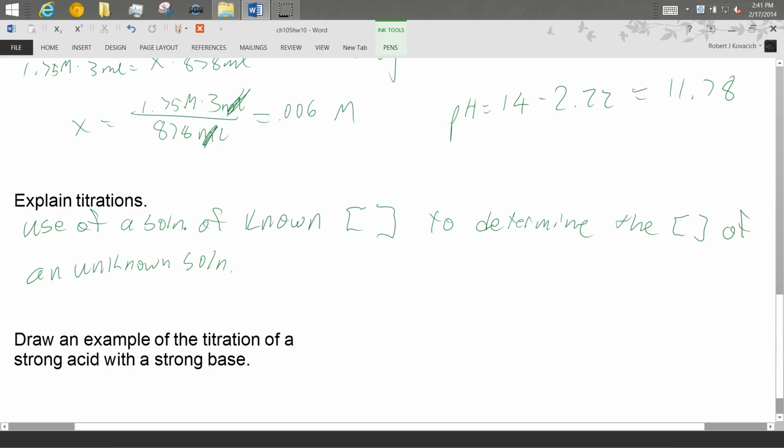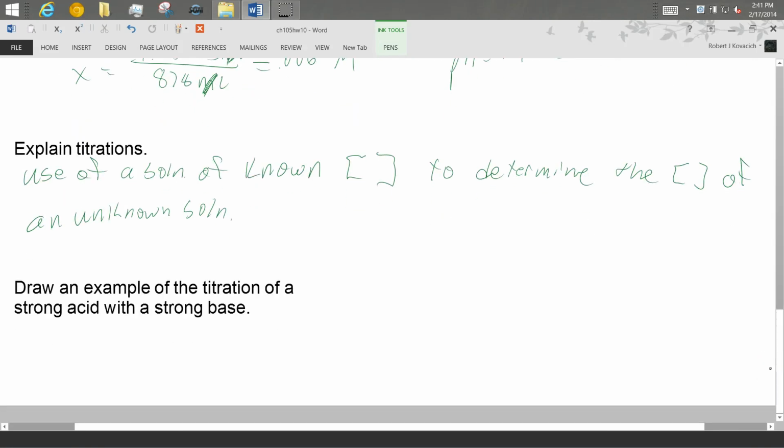That's pretty much it. So I've got a solution whose concentration I know, and then I allow them to react with each other or mix with each other until something happens, and that something that happens is an indication of when I should stop, and then I can do a calculation to determine the concentration of the unknown.